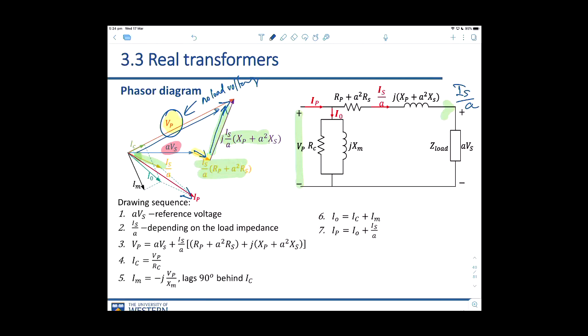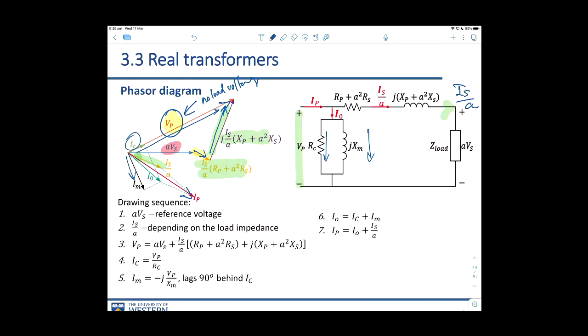Now, Vp is the primary voltage, and this current IC, which flows through RC on the shunt branch, has to be parallel to Vp. And the current that flows through XM has to be 90 degrees behind, because it's an inductor.